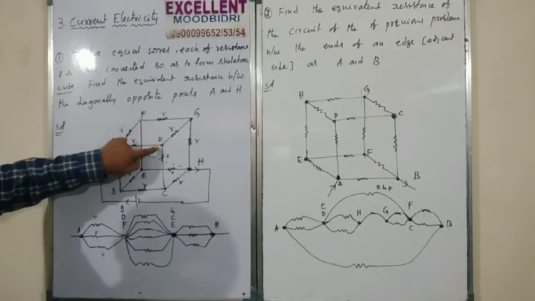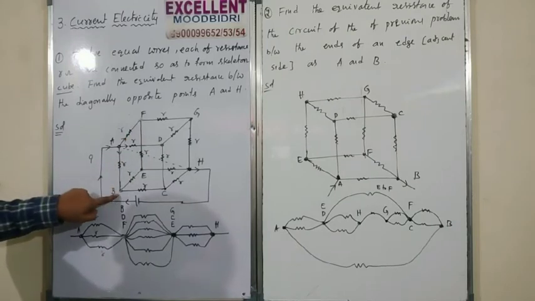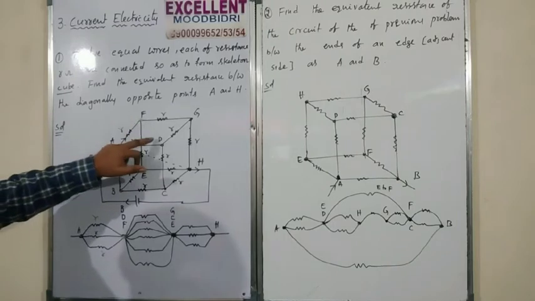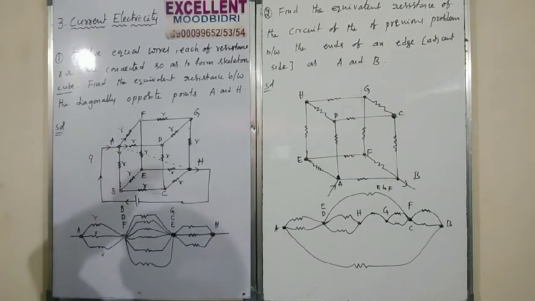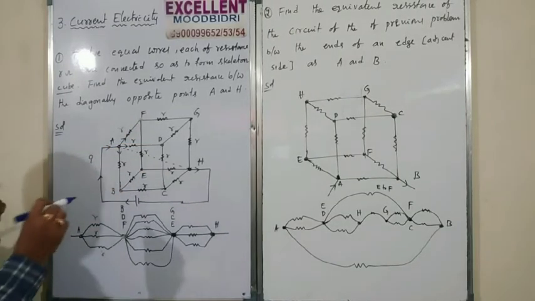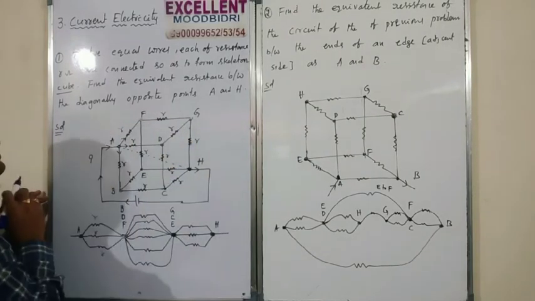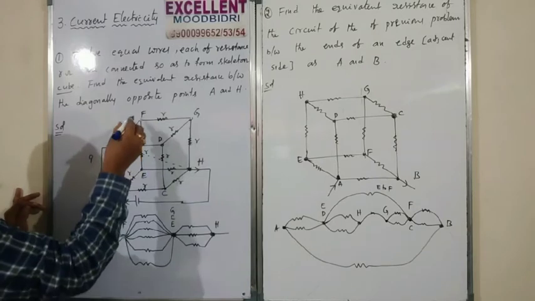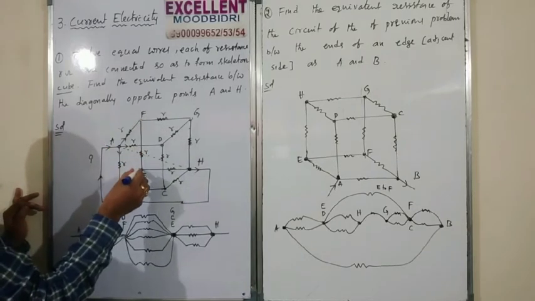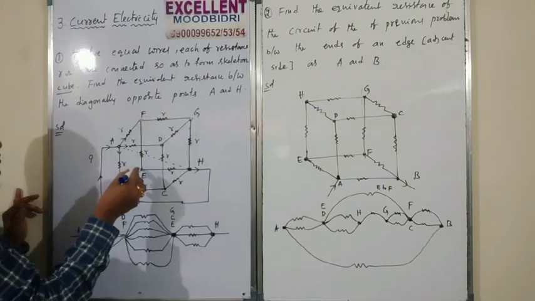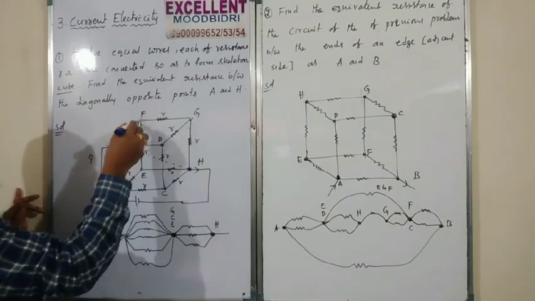From F, from D and from B, observe that F, D and B all have the same potential. Again, from F there are two paths: F to G and F to E. Observe here.